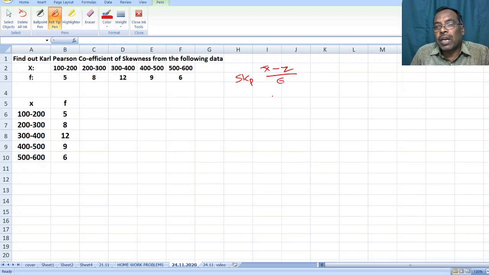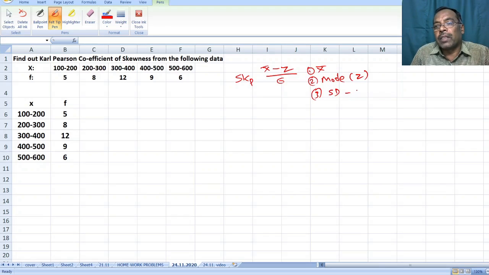So my dear students, first to find out this, you have to work out the mean. This is the thing you have to know. Number 2, you have to find out mode, and next is standard deviation.